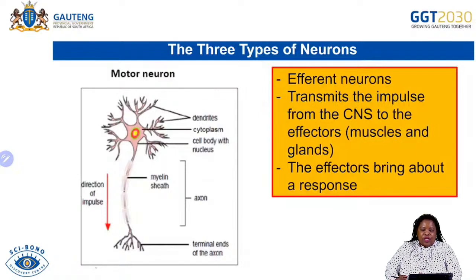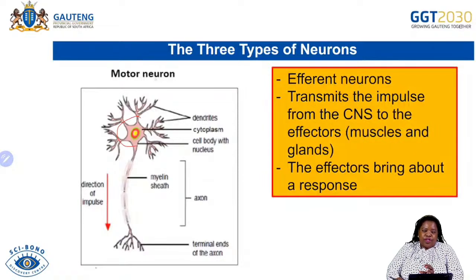Now, the first one that we are going to look at is the motor neuron. When we look at the structure of the motor neuron, look at the position of the cell body, it is at the terminal end. Okay? So the position of the cell body here tells you that this is the motor neuron.